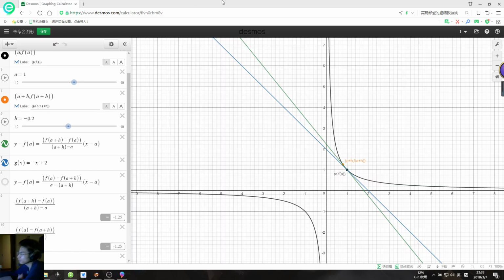You might say, I want to be convenient. I don't want to calculate both to confirm the slope of the tangent. I want to use only one, either the preceding interval or the following interval.